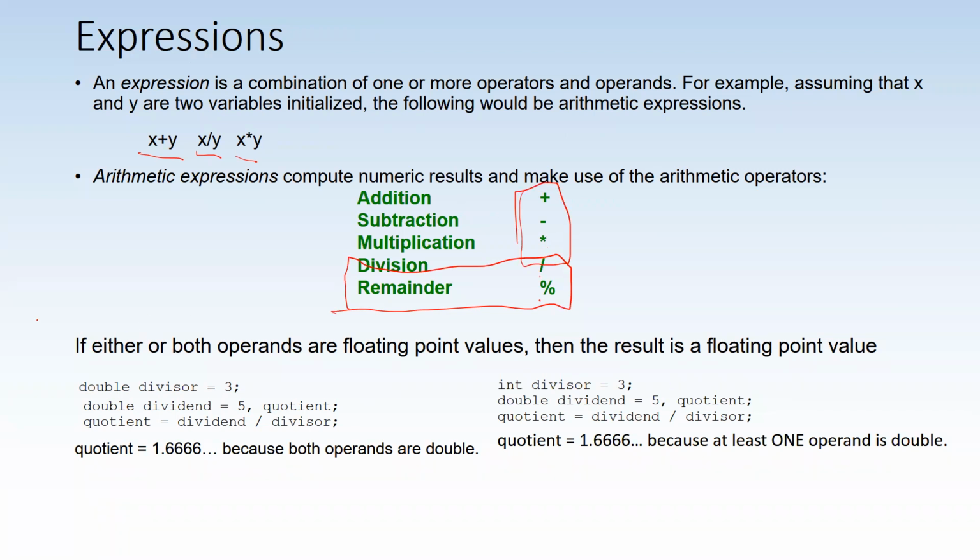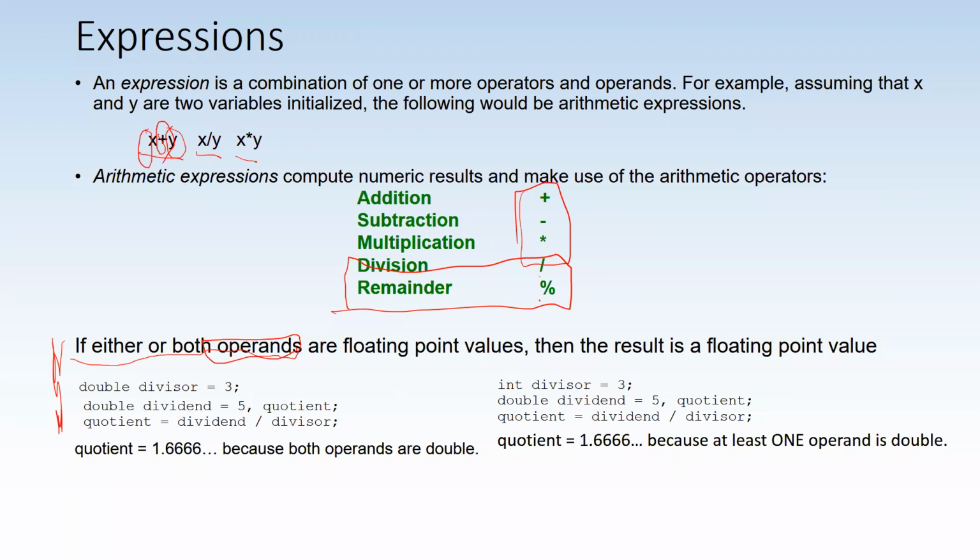If either, here it's very important, everybody, notice this. If either or both operands, these are operands, right? X and y are operands. The plus sign is the operator. If either or both operands are floating point values, what are floating point data types?